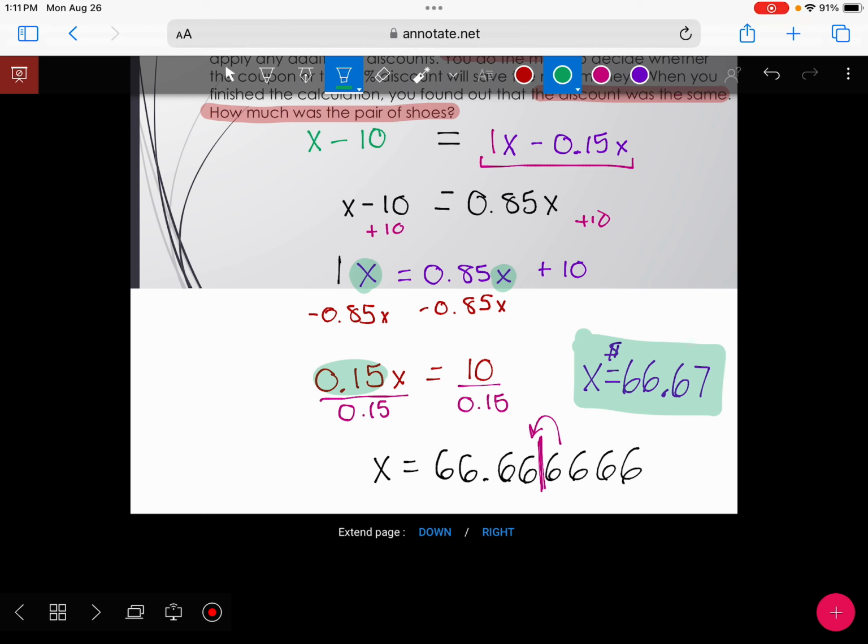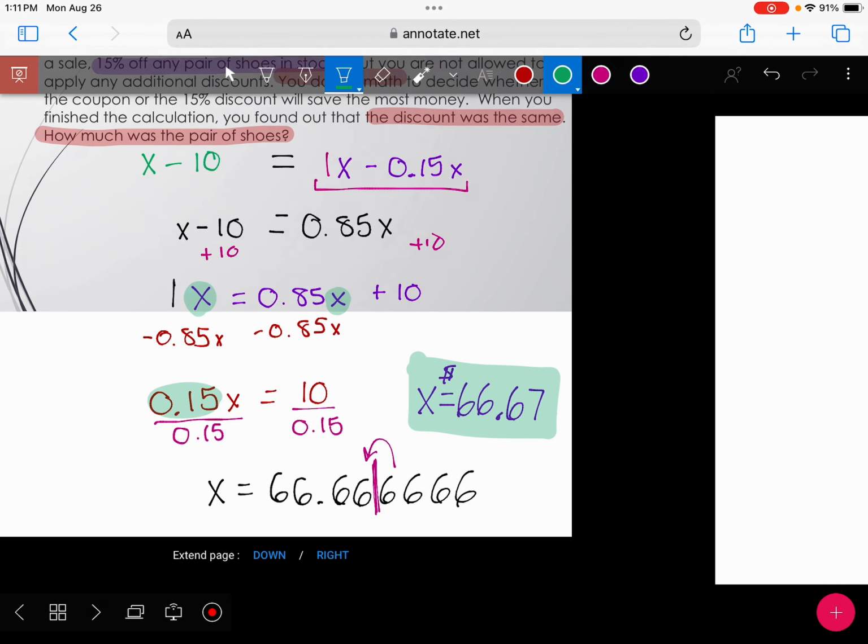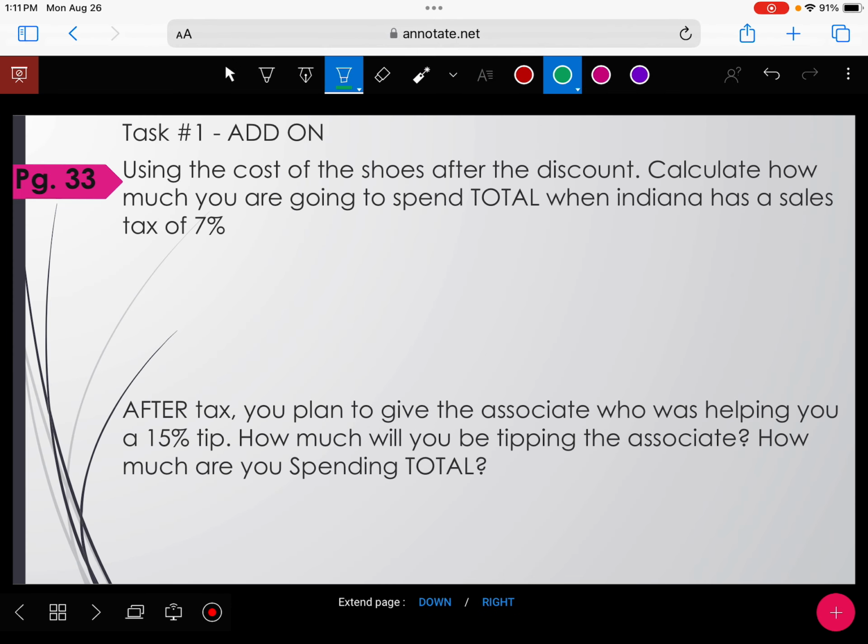Okay, so we're going to have 2 more questions using this number. So our shoes originally cost $66.67. I'm adding these on. These are not written in your book. Using the cost of shoes after discount, how much would you be spending out of pocket with a sales tax of 7%?